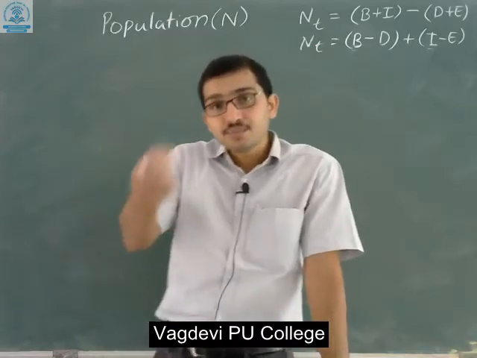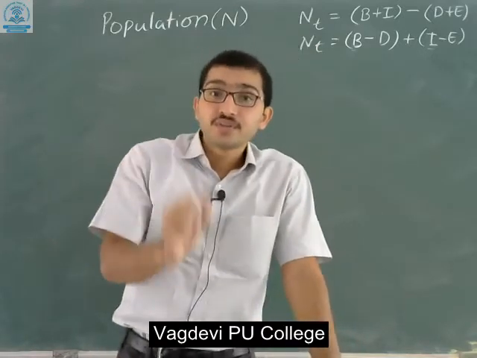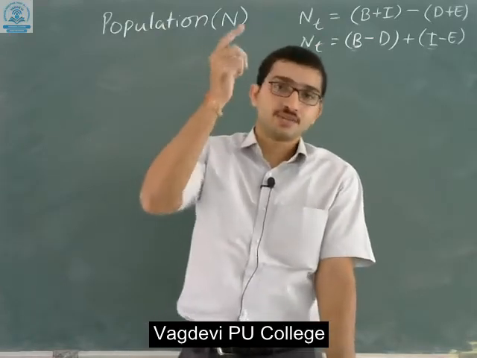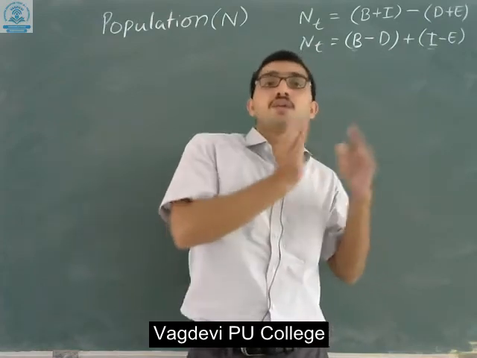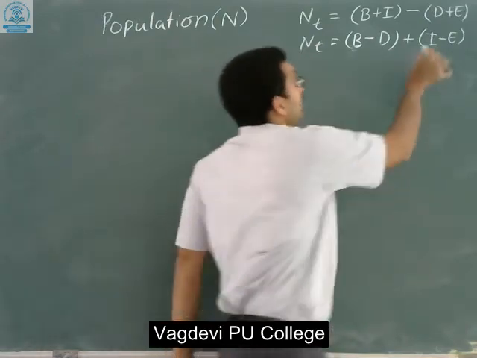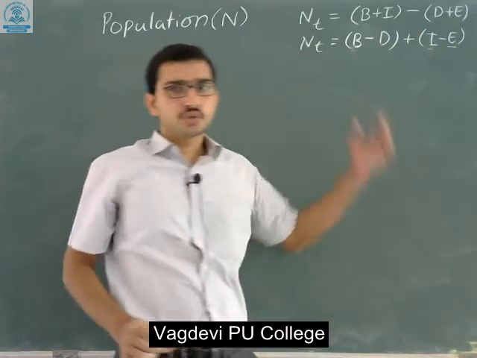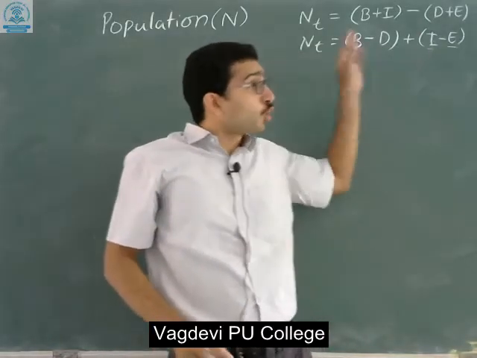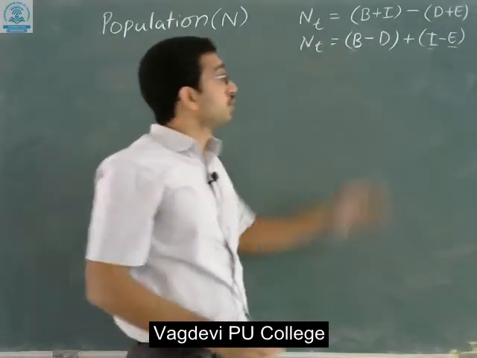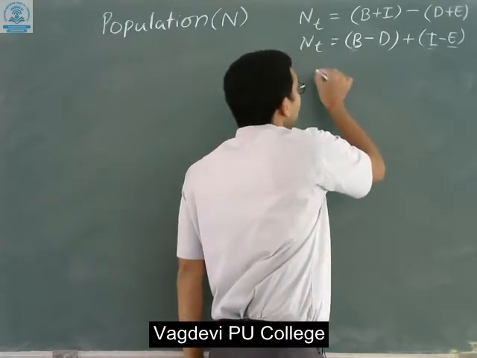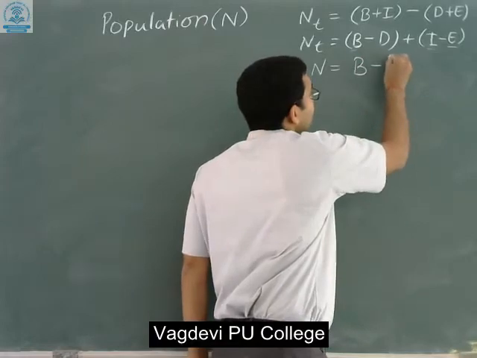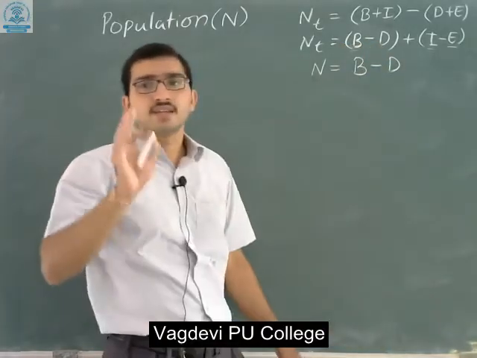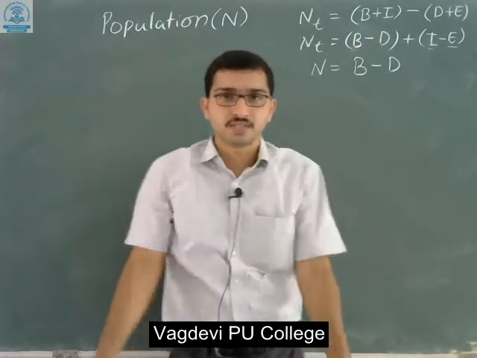Emigration means the number of individuals that have gone elsewhere, migrated to another location, and it is denoted by capital E. Whereas in a closed system, the population is just denoted as birth minus death. This is enough for population density.